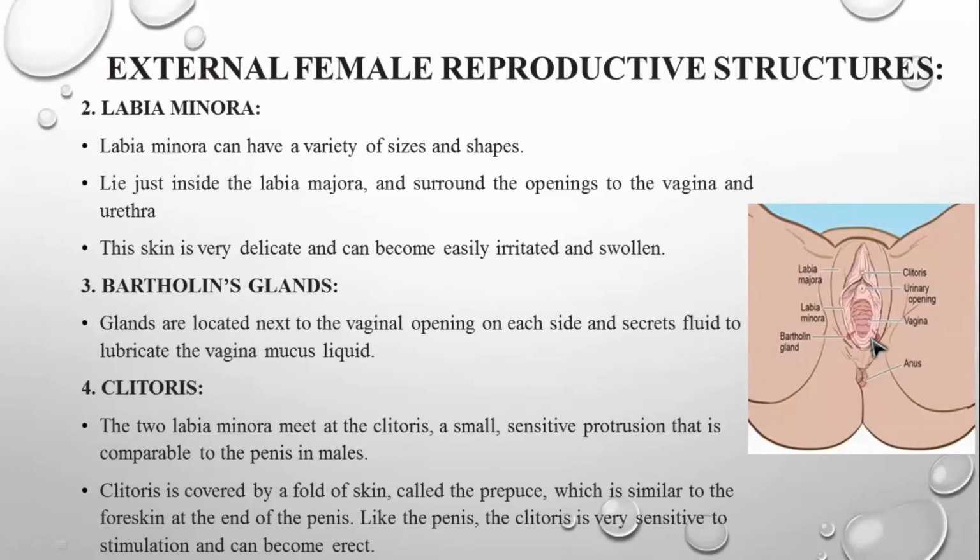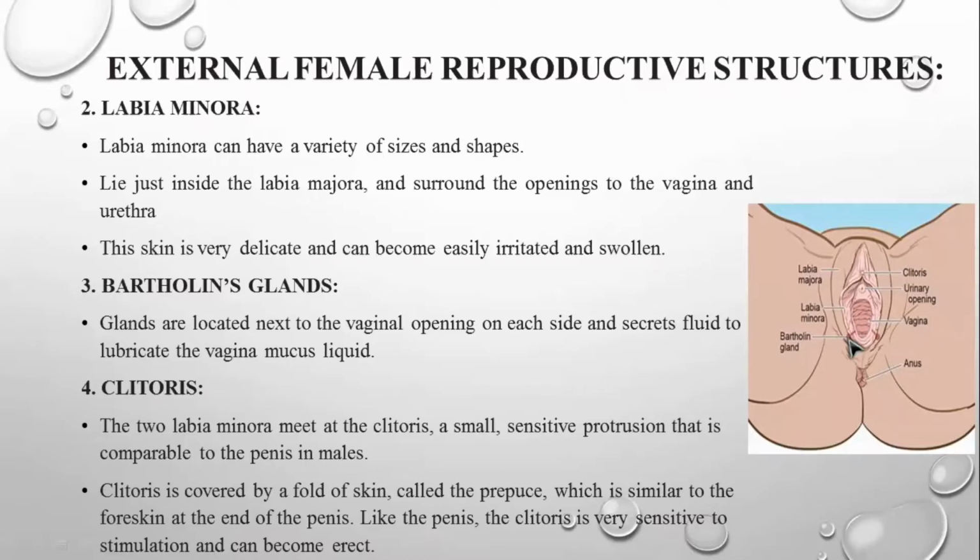Next is the Bartholin's gland. These glands are located next to the vaginal opening, on each side, and secrete fluid to lubricate the vagina. You can find a small gland-like structure, similar to the bulbourethral gland.